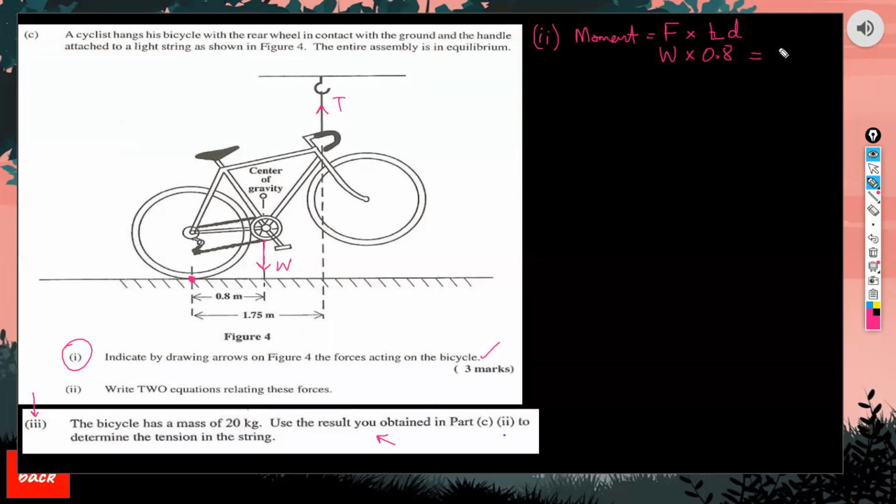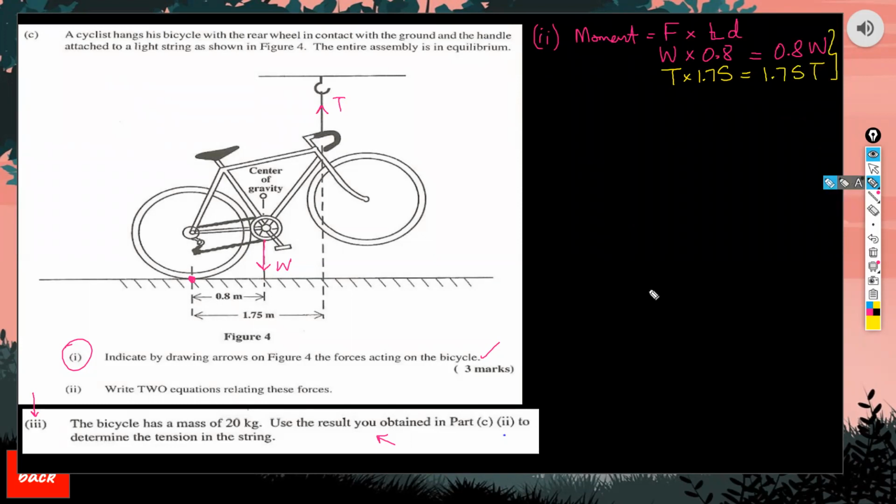So the first equation is what? 0.8 W. And the next equation is what? The other force is tension, and its distance from the pivot is 1.75. So tension multiplied by 1.75, which is obviously 1.75 T. That is all they wanted. Nothing else. So I think some of you were overthinking it.